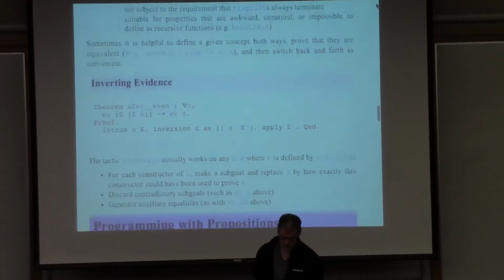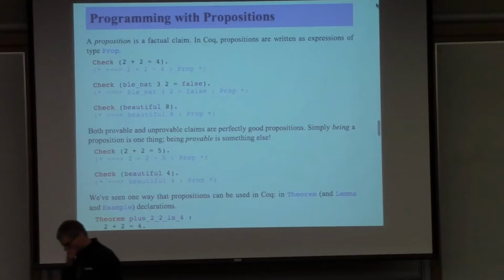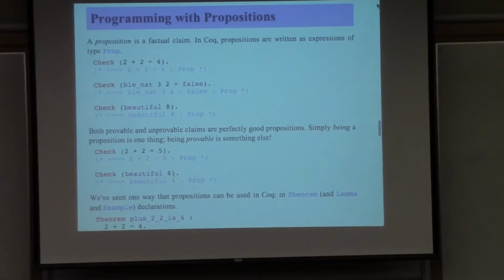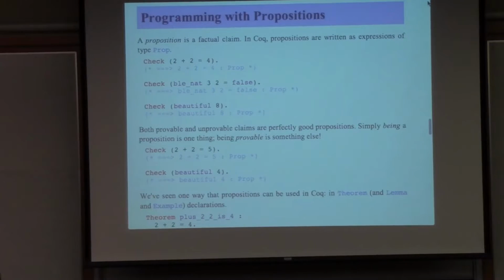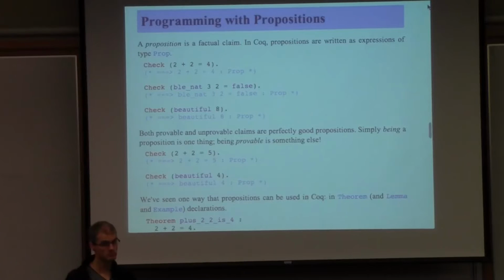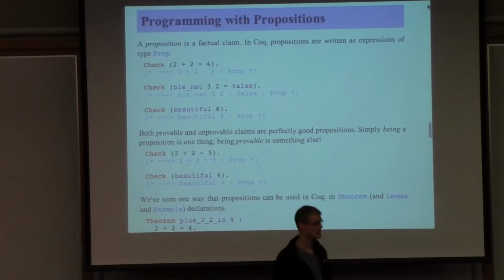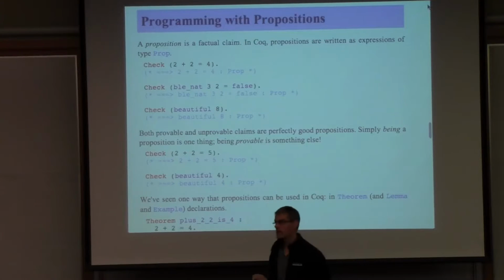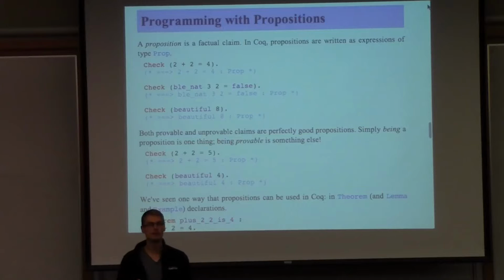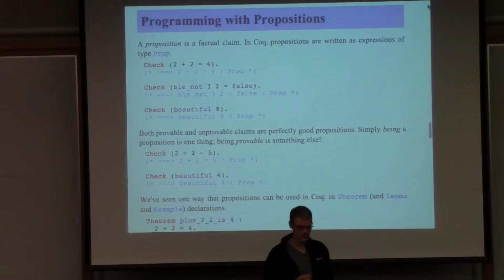Okay, new topic, slightly new topic. Propositions themselves, not just the proofs of propositions, but propositions themselves are data structures. And they are things that we can program with. So Coq is very orthogonal in this sense.